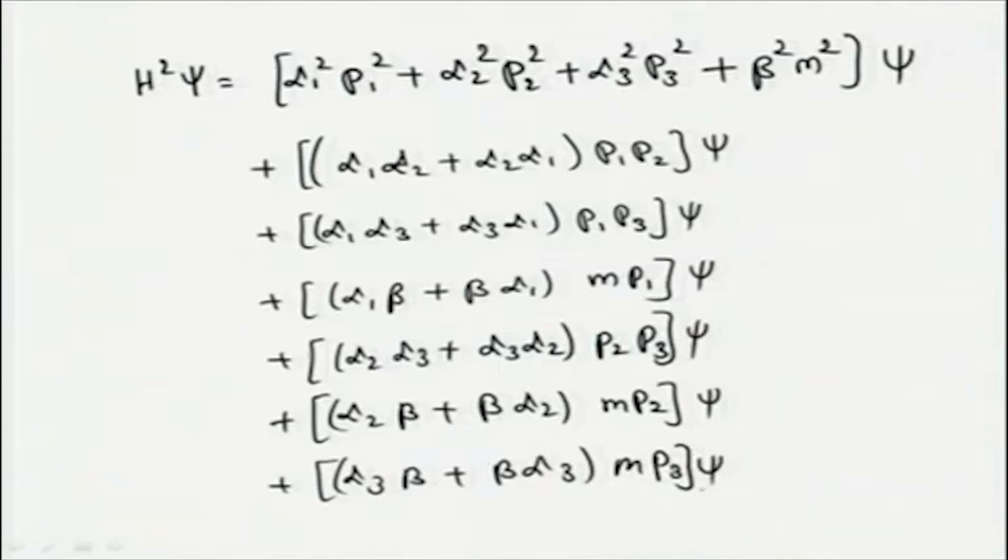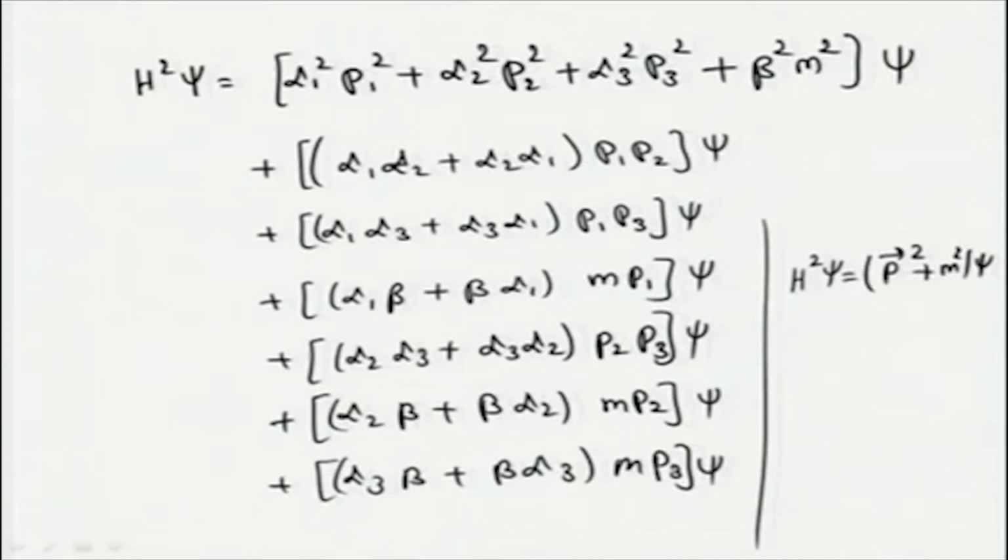Now, let us look at the energy momentum relation, let me write it here again, equation 2 that we had written earlier. H square psi is equal to P square plus M square psi. That is equal to P1 square plus P2 square plus P3 square plus M square psi. But now, the first line here in H square psi, what we have is alpha 1 square P1 square plus alpha 2 square P2 square plus alpha 3 square P3 square plus beta square M square psi.